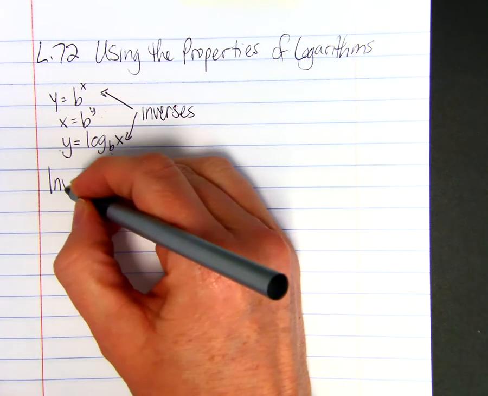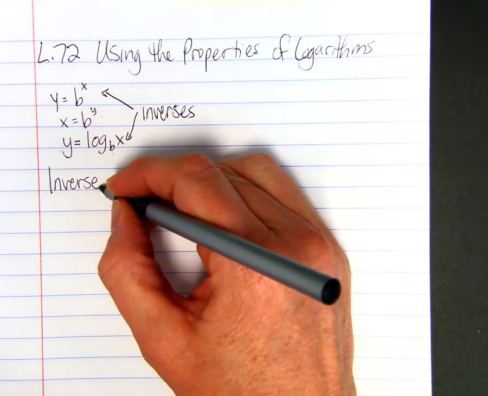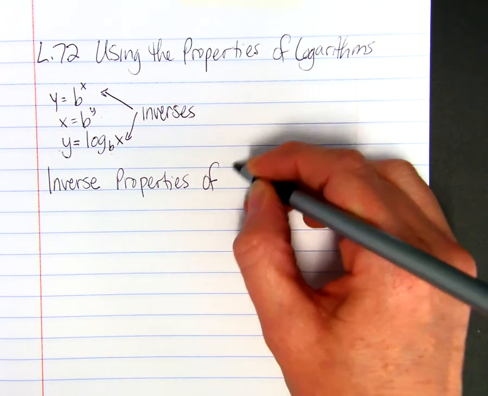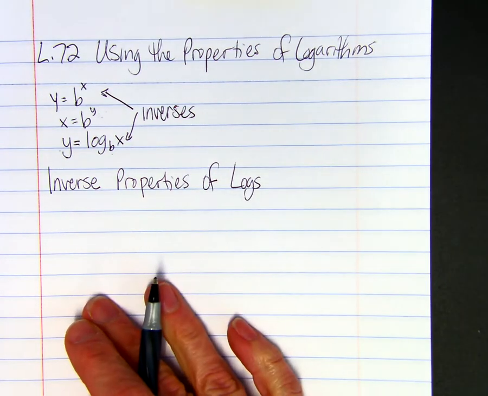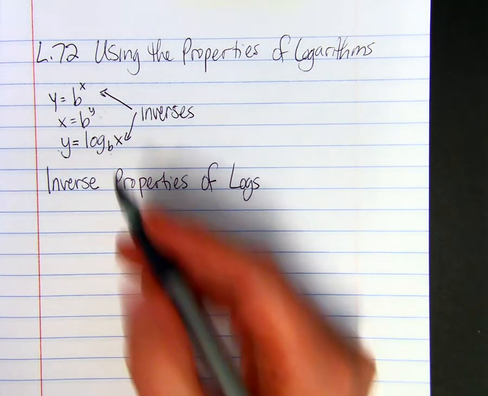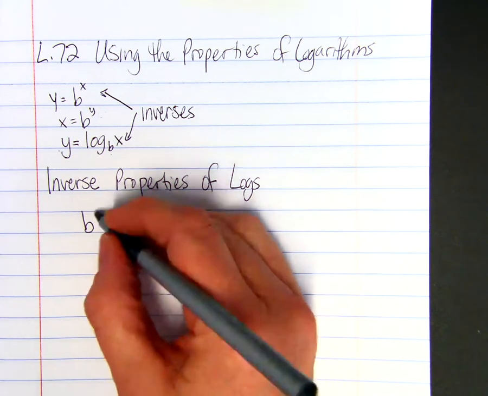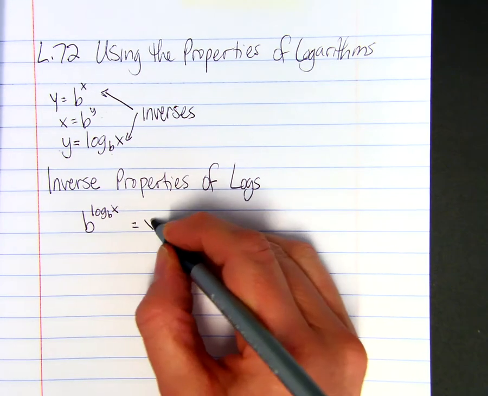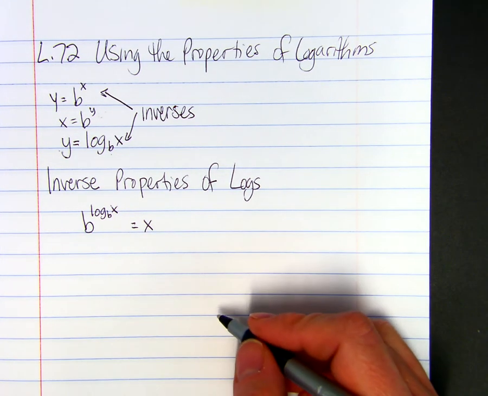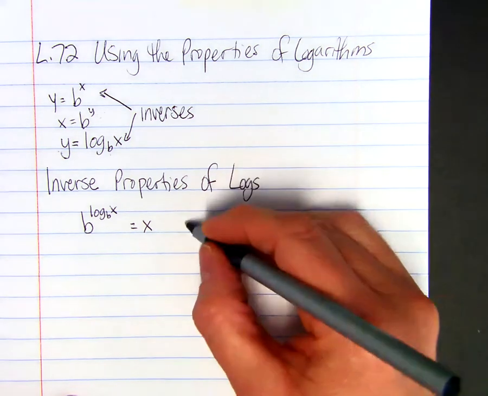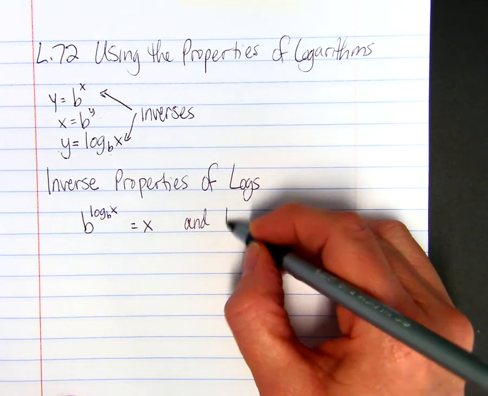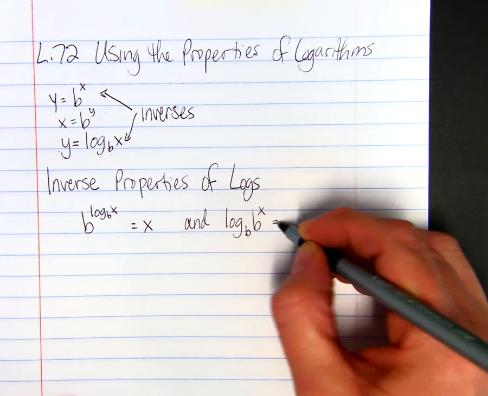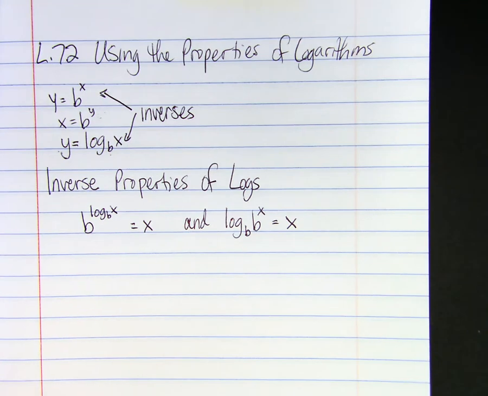Yep. So we have what's called the inverse properties of logarithms. I'll just call it logs instead of writing out logarithms. If you have b raised to the log base b of x, that will equal x. And if you have log base b of b to the x power, that just equals x.